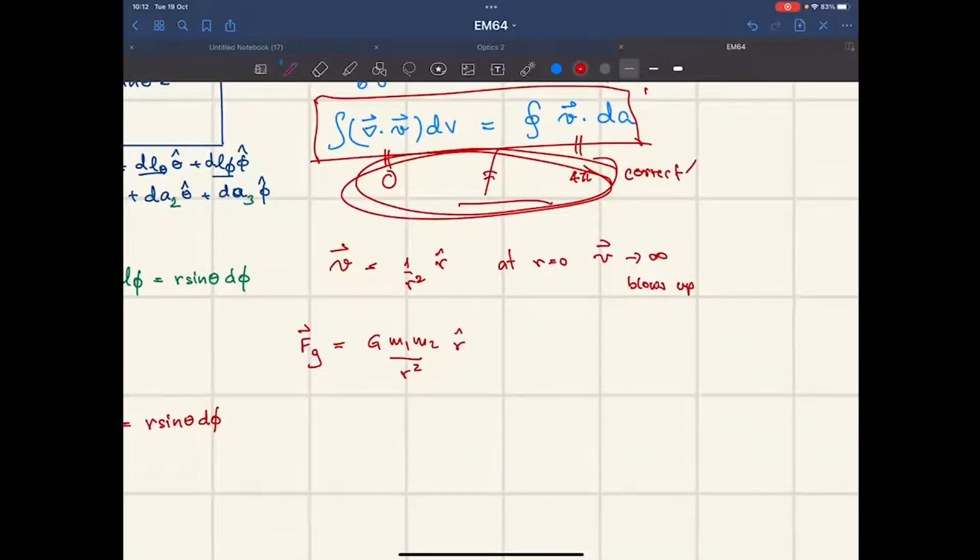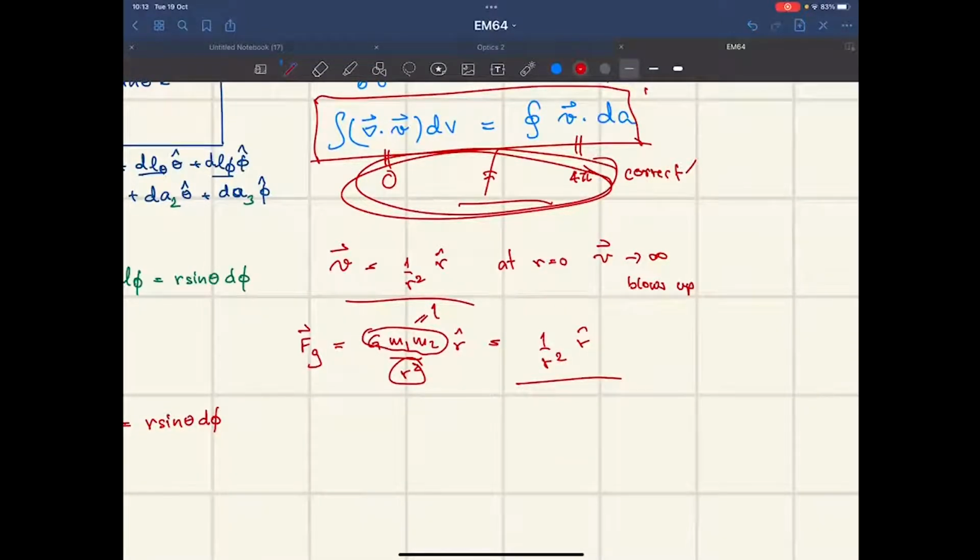You can see that the same thing happens here. This constant can be considered to be 1, so it becomes like this. Anything with a problem like this, where we have R square, when R equal to 0, the vector blows up. This is actually very normal behavior in physics.